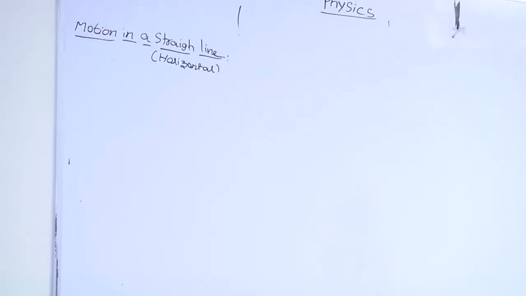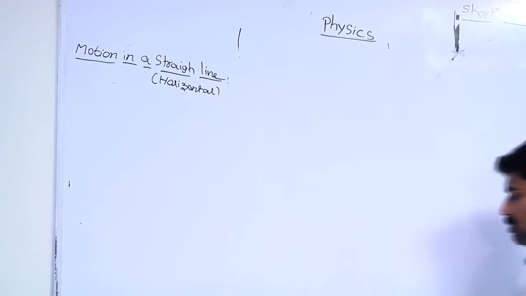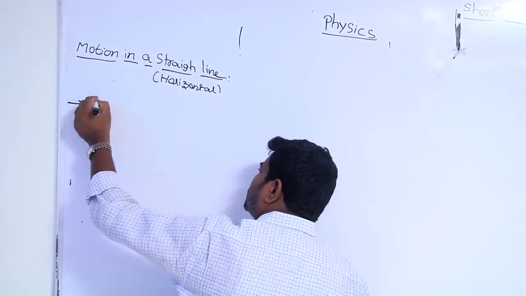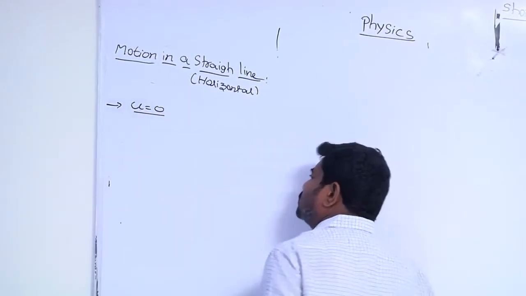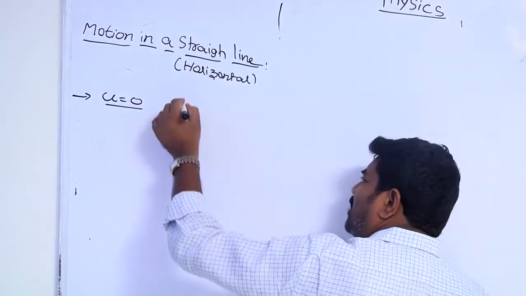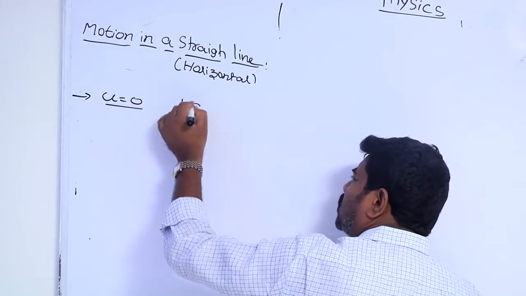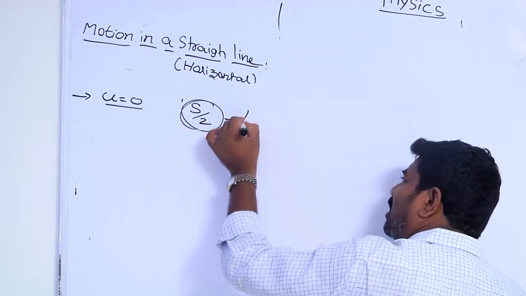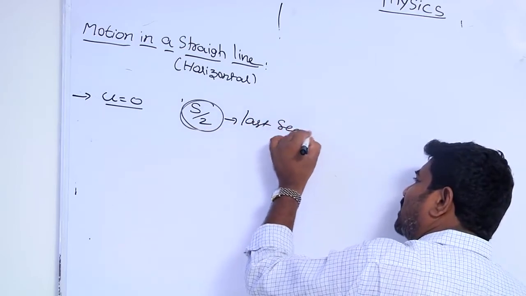Next application, for example, if a body starts from rest, u is equal to 0, and it travels half of the total distance in the last second of its journey.